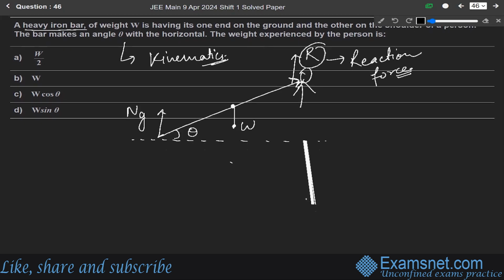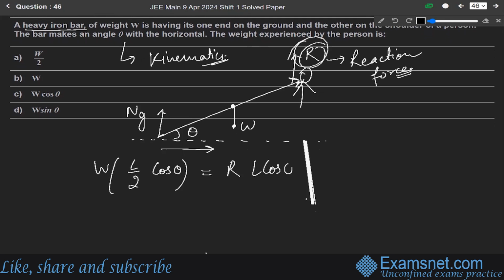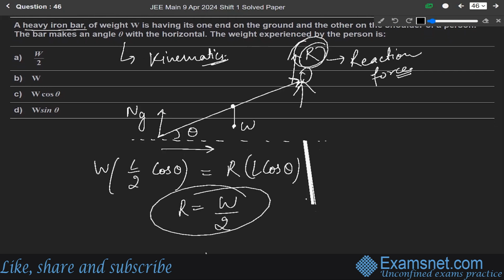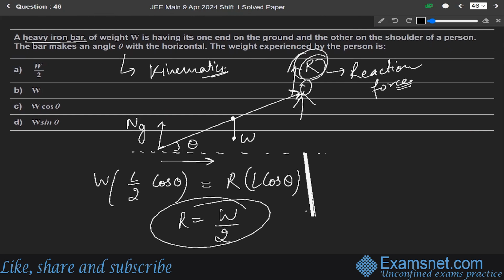Balancing the torque about the point of contact on the ground: W L by 2 into cos theta is equal to R into L cos theta. From here, cos theta and L cancel out, so we get R equal to W by 2. So the weight experienced by the person is W by 2, which means option A is the correct answer.